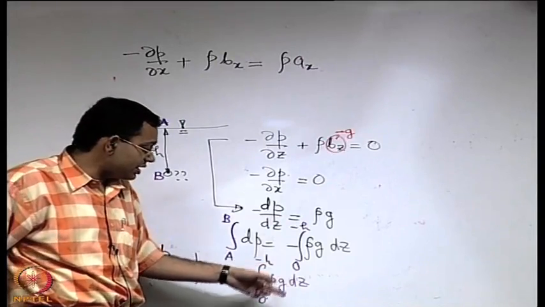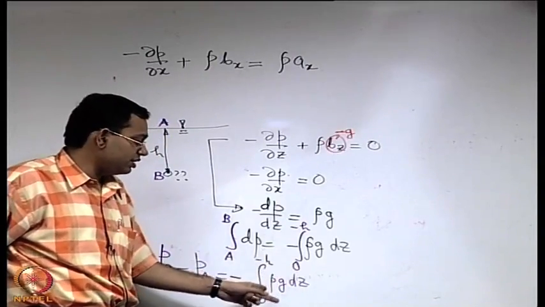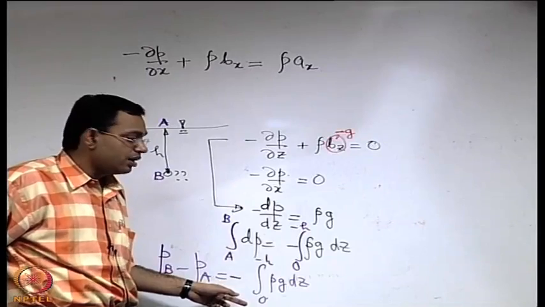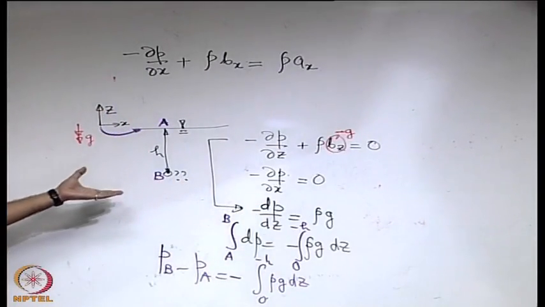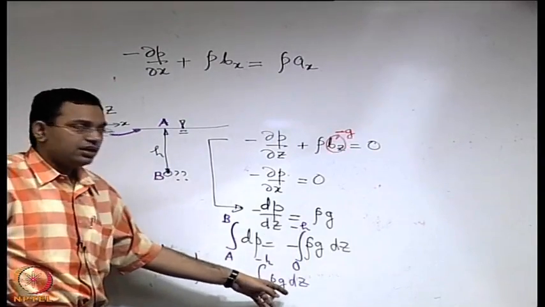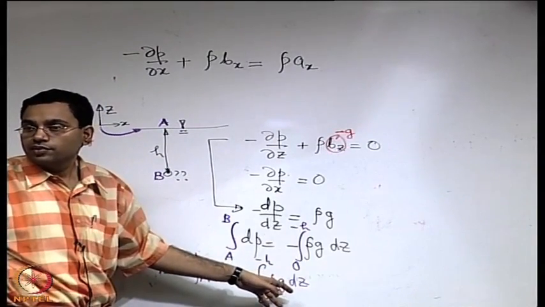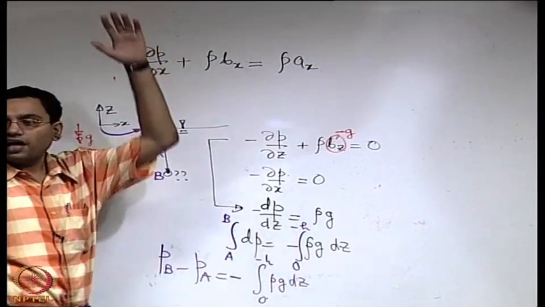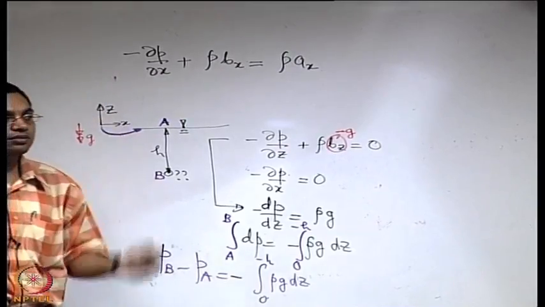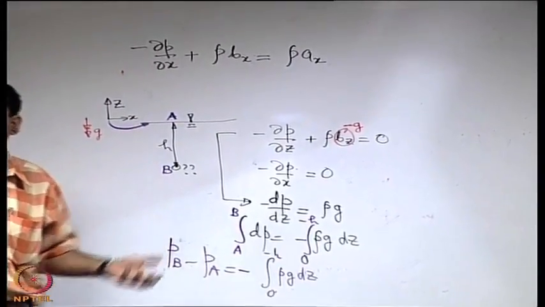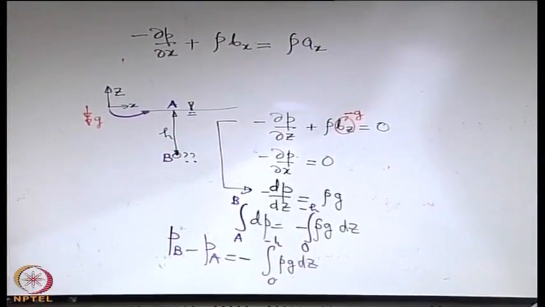If it is treated as a constant, then it can come out of the integral. Similarly, you are probably working on a length scale over which g is not changing. For people dealing with atmospheric sciences, the length scales are large, over which you may have even a change in acceleration due to gravity.